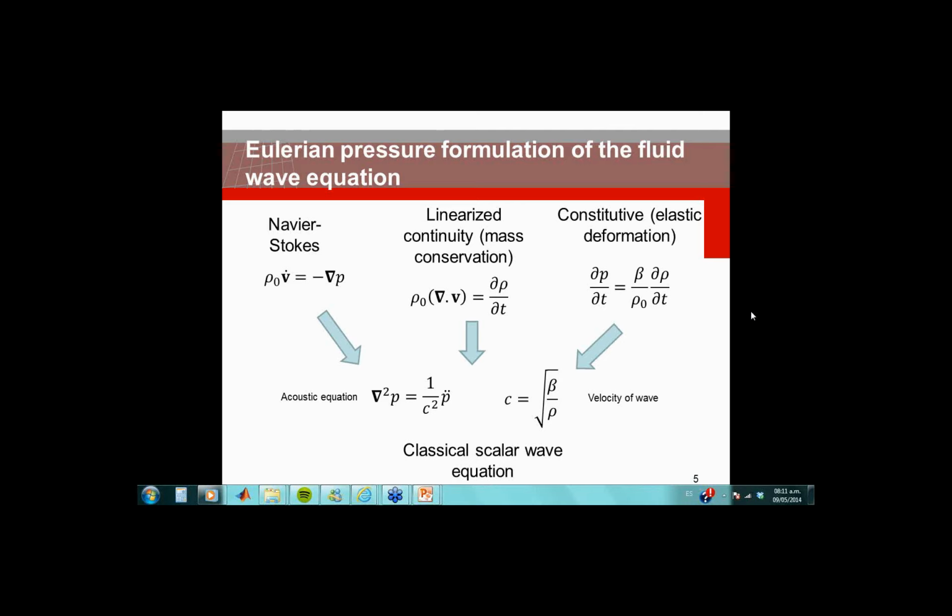It's related by the wave velocity that we can see, whose definition is there in terms of the bulk modulus and the density of the water. This is the classical scalar wave. We could have previous application or topics.